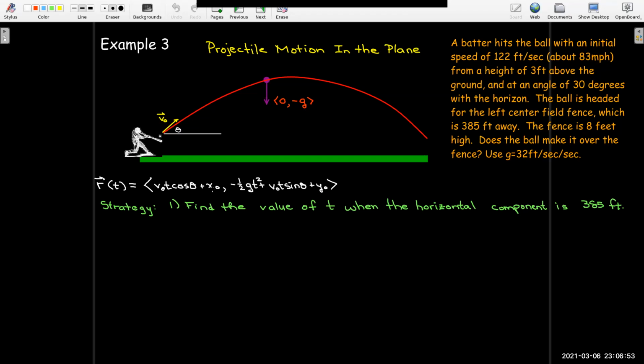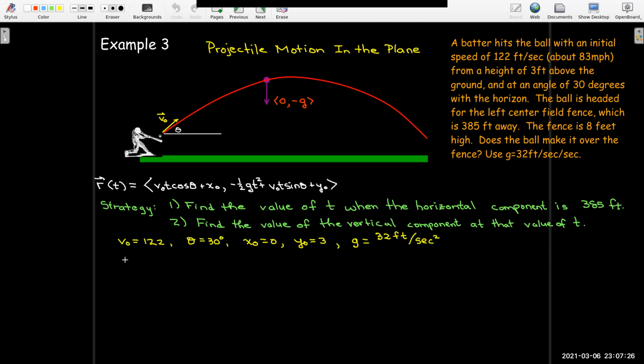We know that the initial horizontal position is 0. We know theta is 30 degrees, so we can find cosine of theta being root 3 over 2. We can solve for t. Then we use that value of t and substitute it into the vertical component and see what the height is. If the height is greater than 8 feet, then yes, the ball does make it over the fence. If it's less than 8 feet, then the answer would be no.